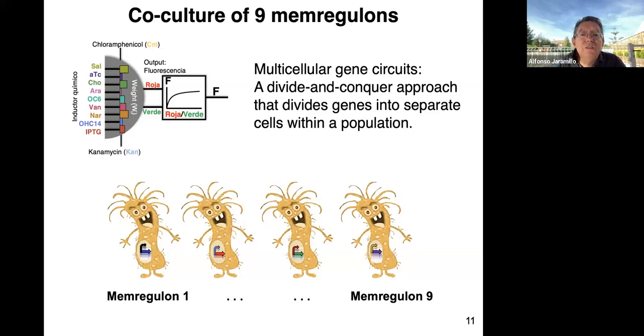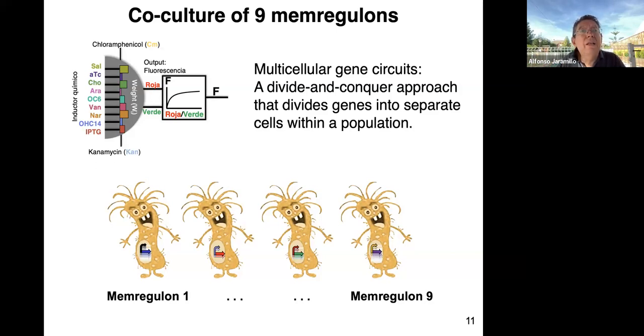Here we use the paradigm of multicellular computing, or distributed computing, where you distribute a gene circuit across a population. So each cell does a different task, and then you combine the output of the cells. In this case, because it's fluorescence, it's very easy to combine, because you just see the fluorescence of the population.